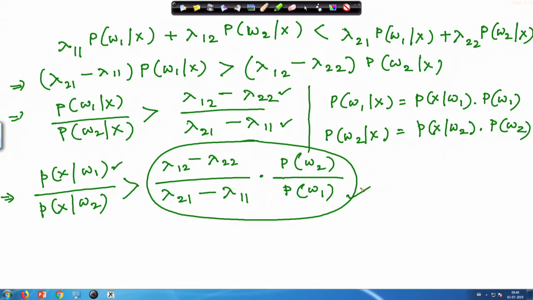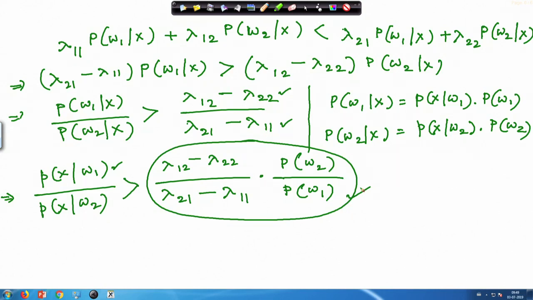The thresholds are in terms of the loss functions and the a priori probabilities. So, we can say that if the likelihood ratio is above this threshold, then we take an action in favor of class omega 1. So, we will continue this discussion further.